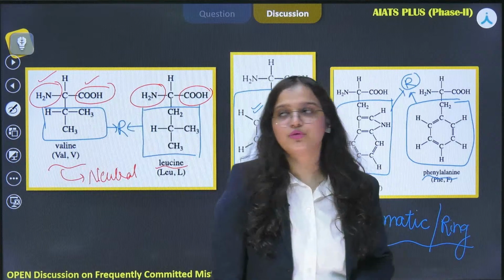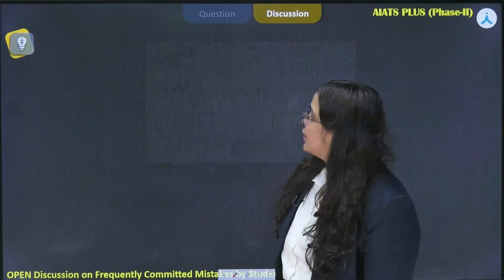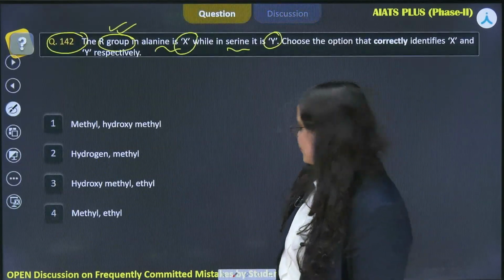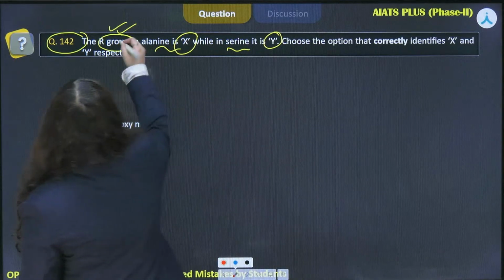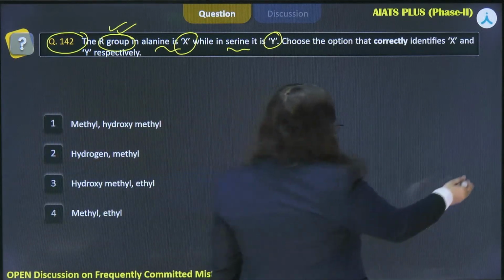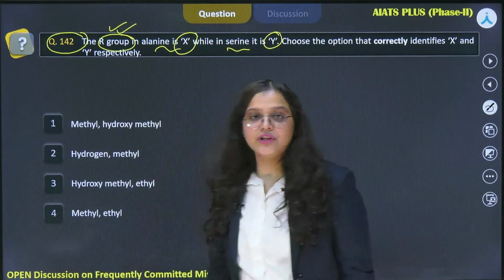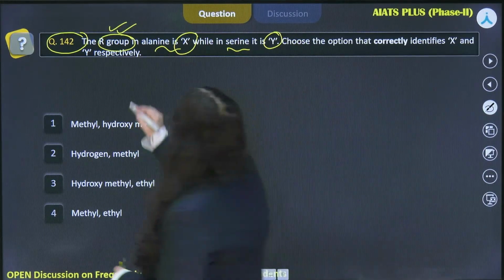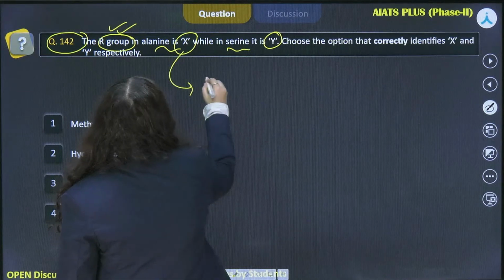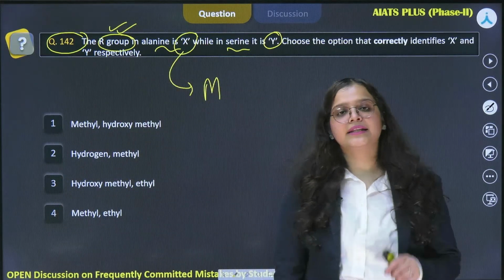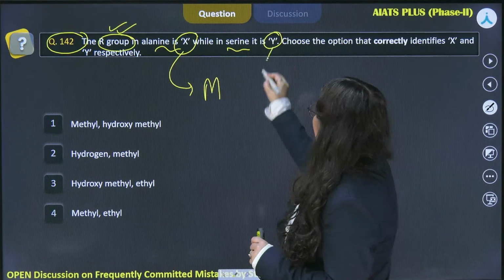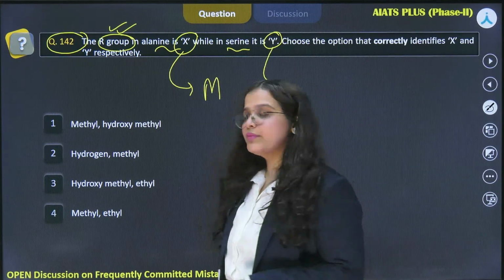So now we move back to our question, which was to identify the R group present in alanine, and we saw that the R group present in alanine, X here, should be methyl, whereas in serine the R group present was hydroxymethyl.